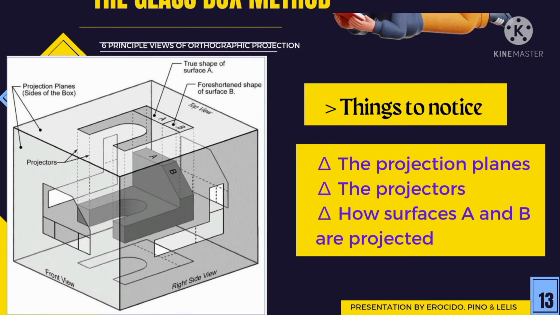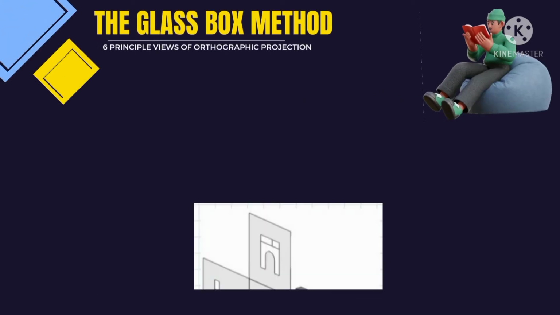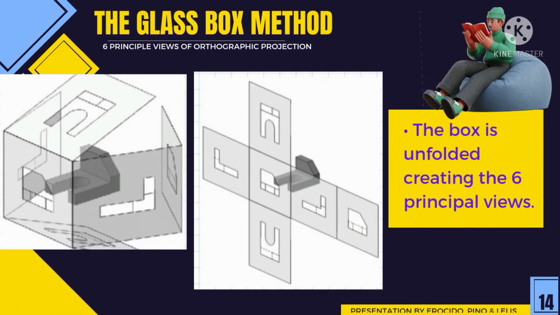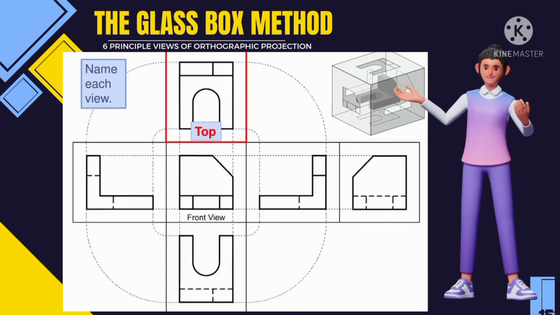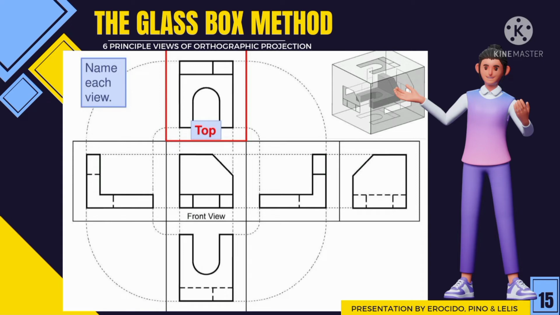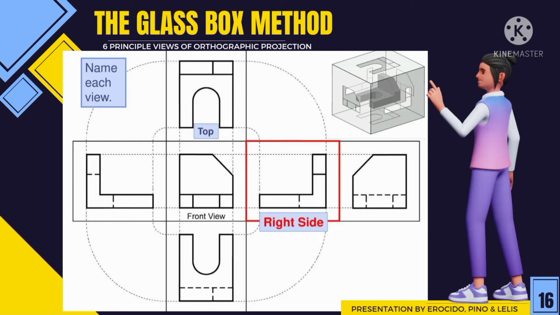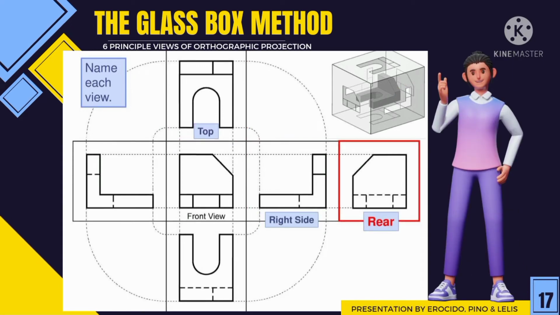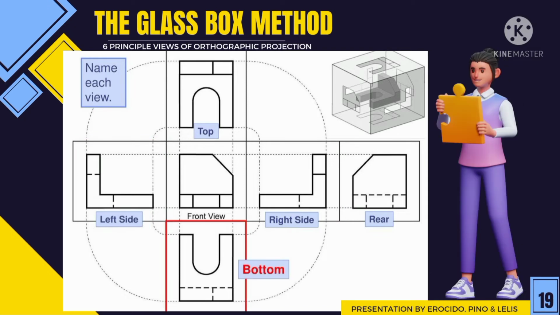If the box is unfolded, we create the 6 principal views of orthographic projection: the top view, front view, right side view, rear view, left side view, and the bottom view.